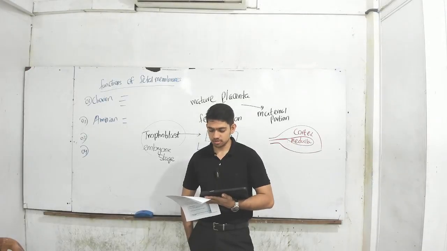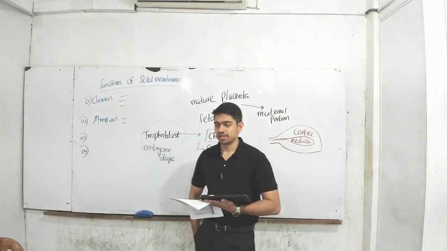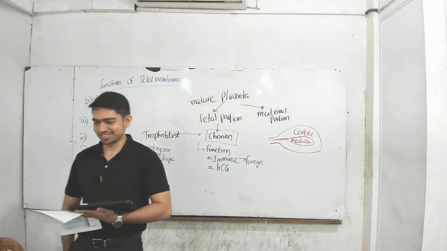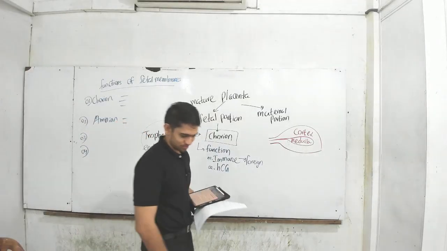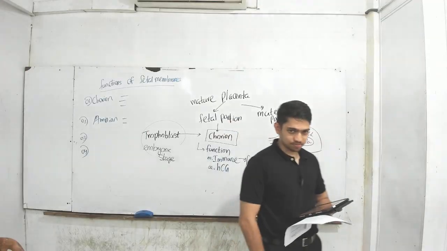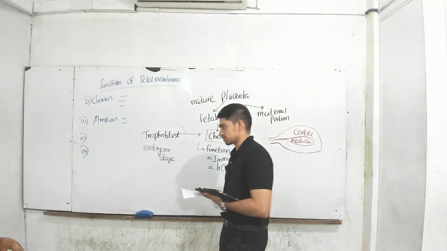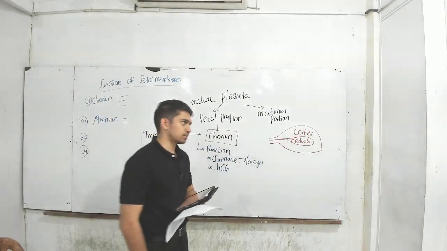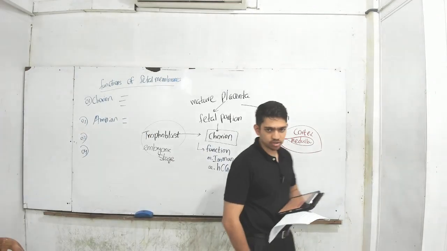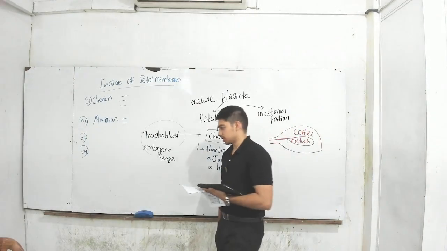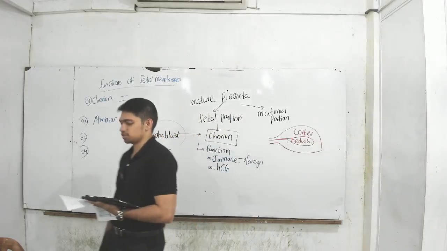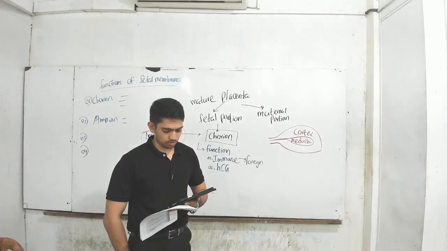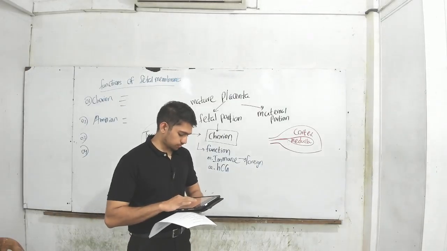The ruptured follicle becomes the corpus luteum. Yes, corpus luteum is the better answer, because they are asking the structure. If they ask the cell, you have to say ovarian follicles. But they are asking what are the structures in the ovary. This is the corpus luteum.